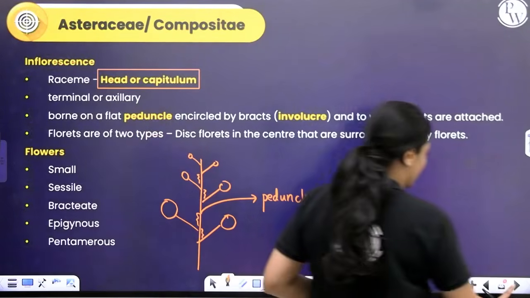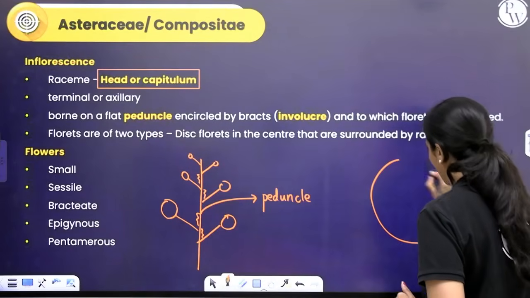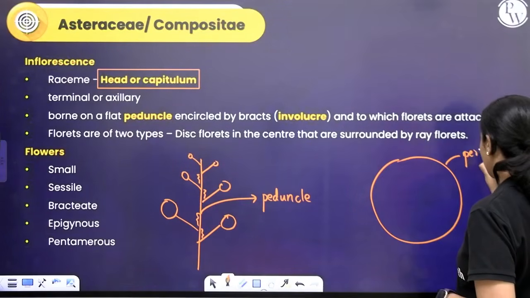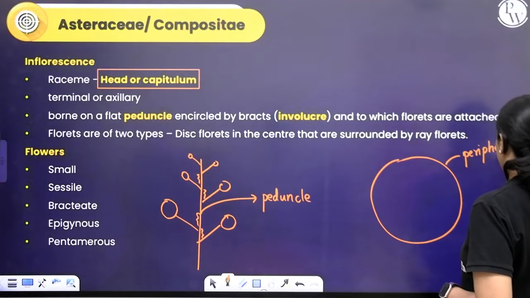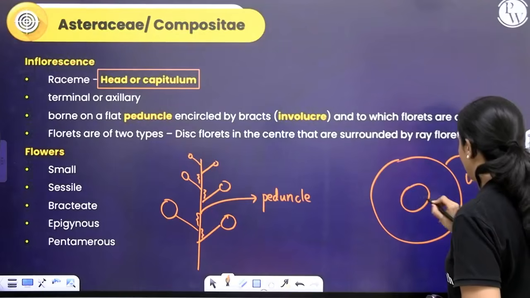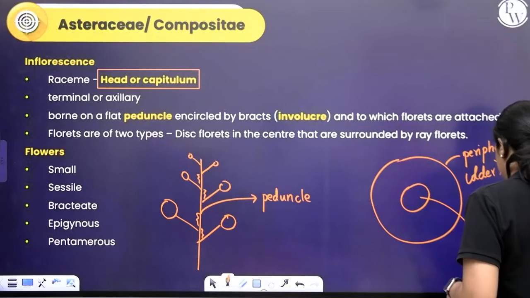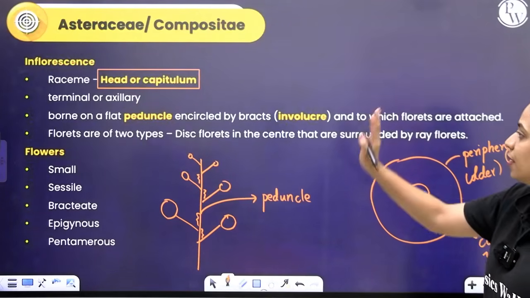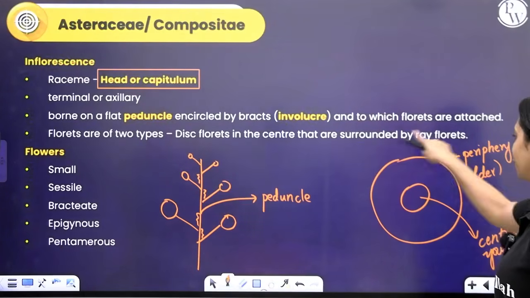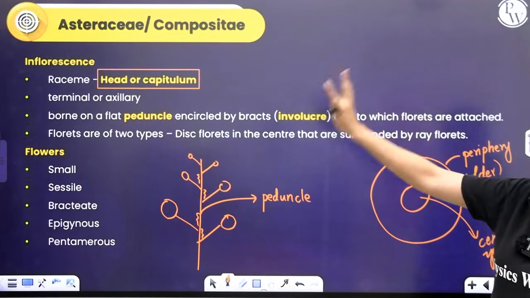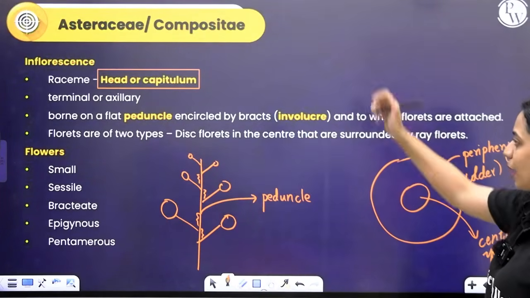You would get an inflorescence like this, where the older flowers would be present towards the periphery and the younger flowers would be present at the center. Even in the head or capitulum inflorescence, you have peripherally older flowers, centrally the younger flowers. So it is a type of raceme which we call head or capitulum.